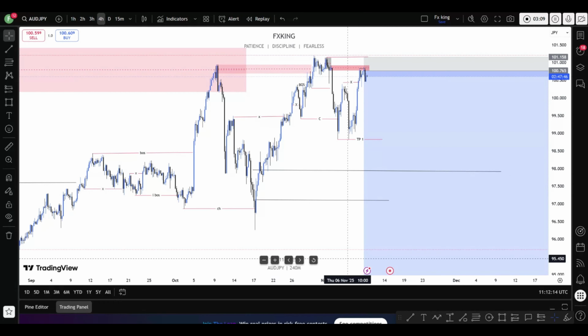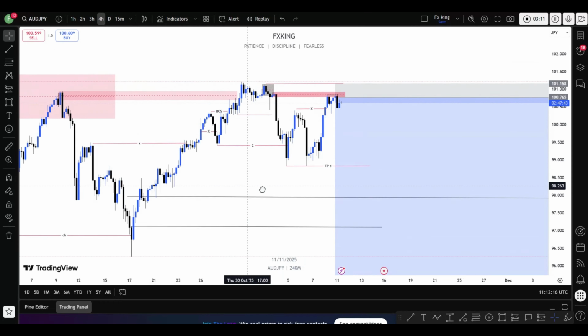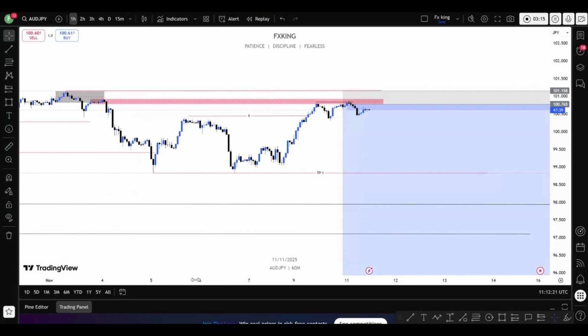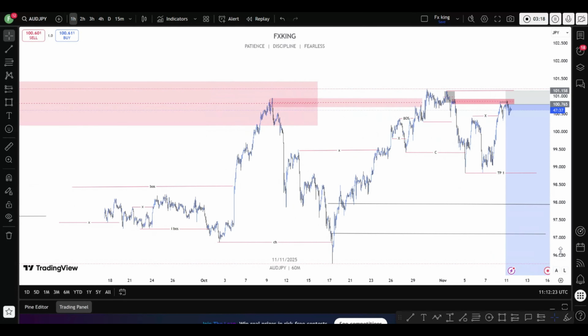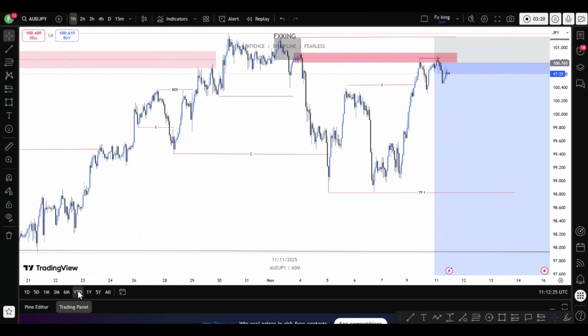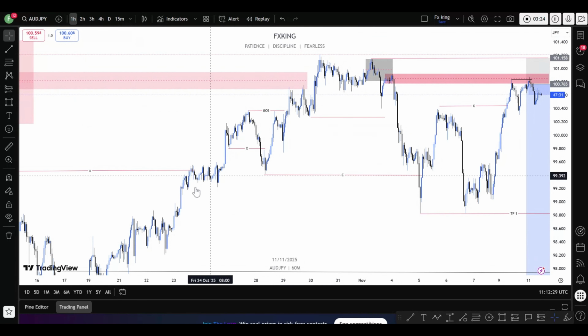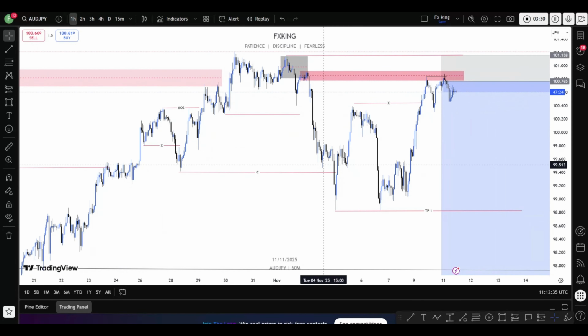So now let's go deeper into this chart and look at some of the things I also considered before taking this trade. If you look here, when this market was going up, when this leg was going up to give our most recent break of structure, the leg was also creating higher highs and higher lows, valid break of structures, and so on.